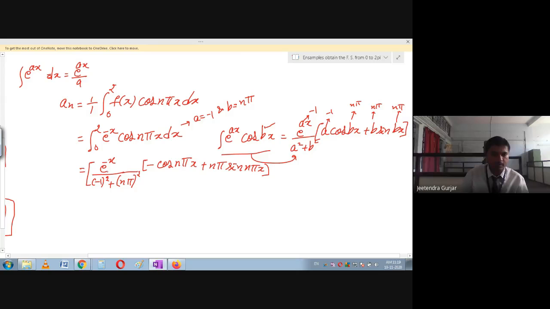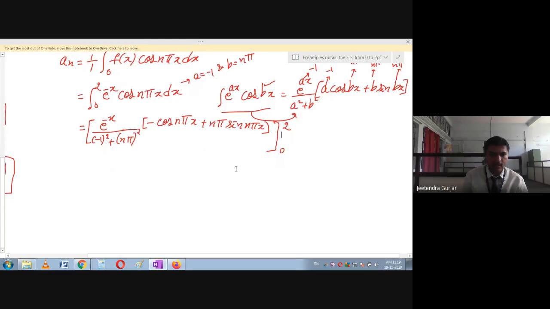So everything I have substituted here, and please remember the interval from 0 to 2. First I will substitute the value for 2, and then I will substitute the value for 0. Before that, some constant terms I will remove outside.